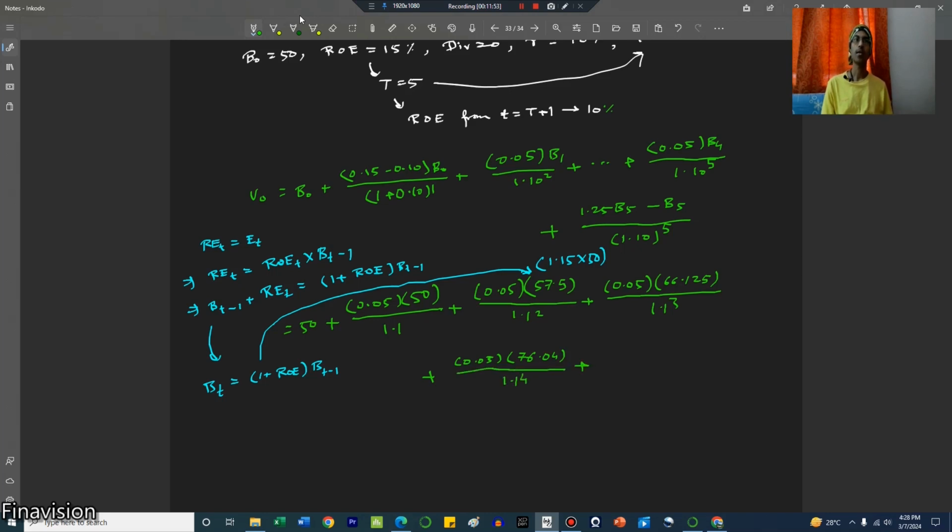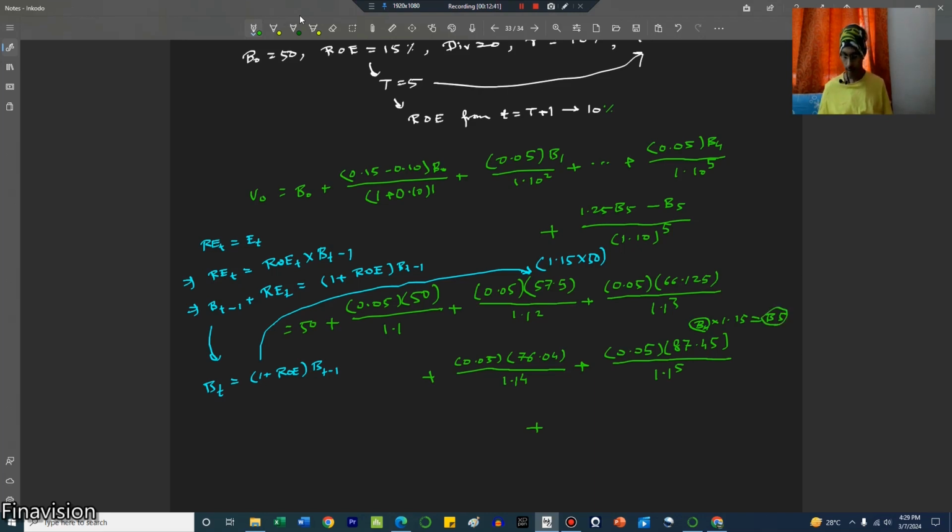Then 1.1 to the power 4, plus 0.05 into 87.45 by 1.1 to the power 5, plus we can now easily calculate B5 by multiplying 87.45, that is B4, by 1.15 to get B5.